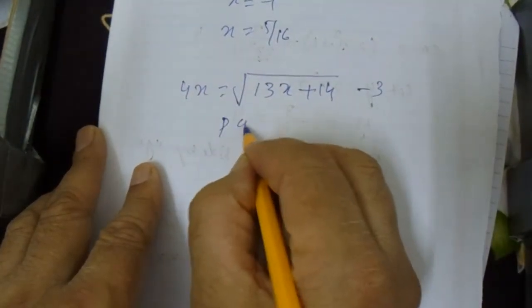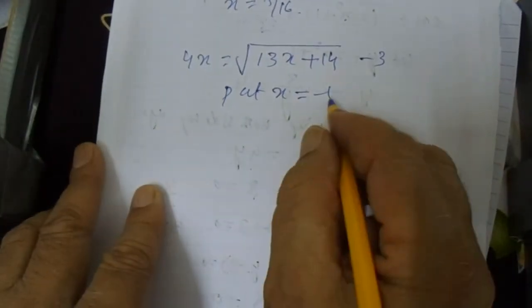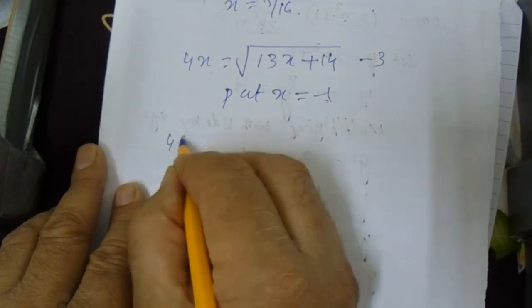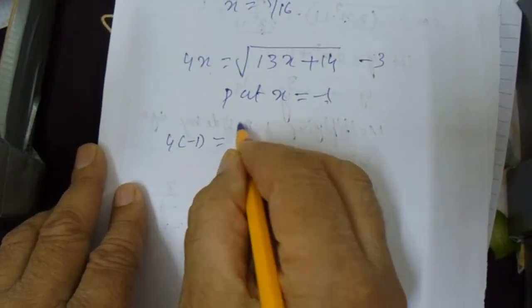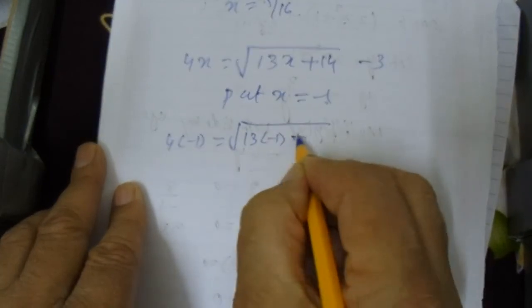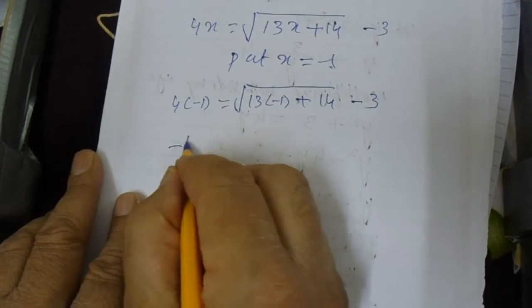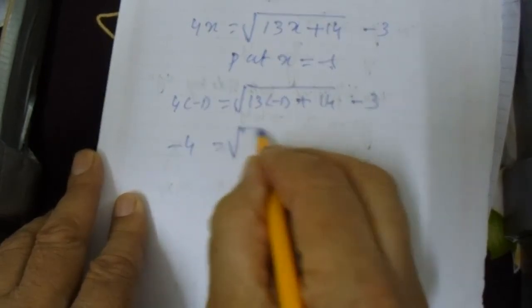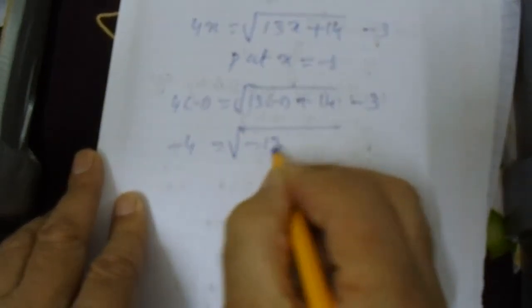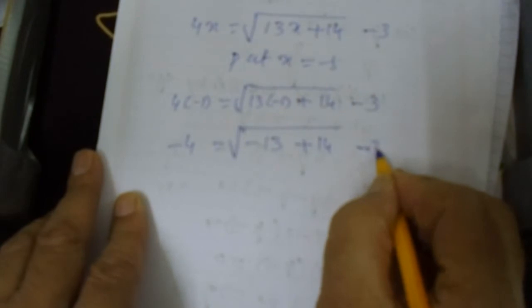Now we put x is equal to minus 1. 4 into minus 1 is equal to under root 13 into minus 1 plus 14, and minus 3. Now minus 4 is equal to under root minus 13 plus 14 and minus 3.